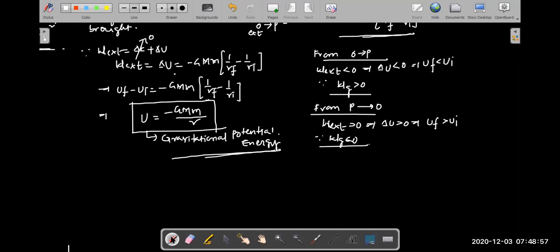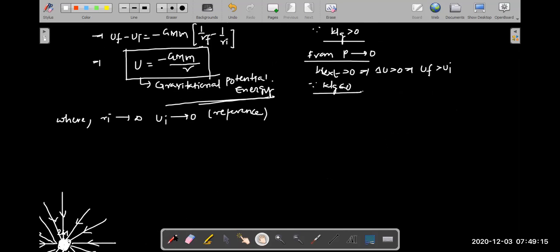Sorry, sir. So here, as R initial tends to infinity, U initial tends to 0. That means this is taken as the reference potential. What we do is assume that this is a block of mass m, and initially the mass was at infinity.